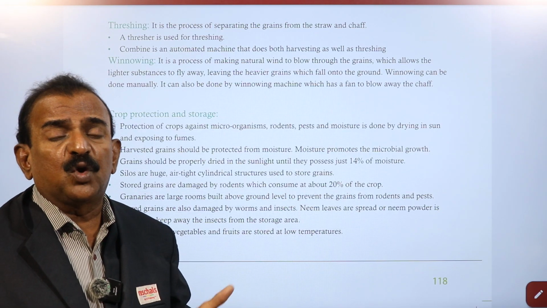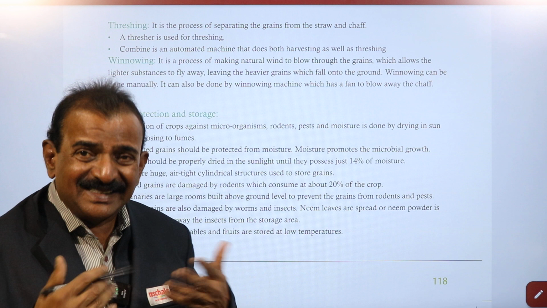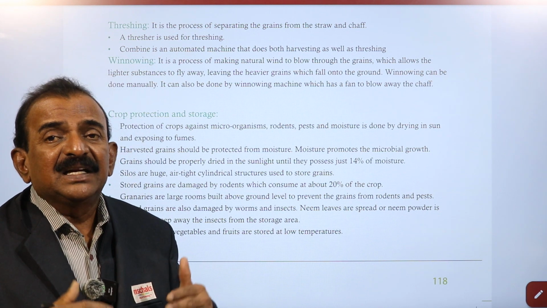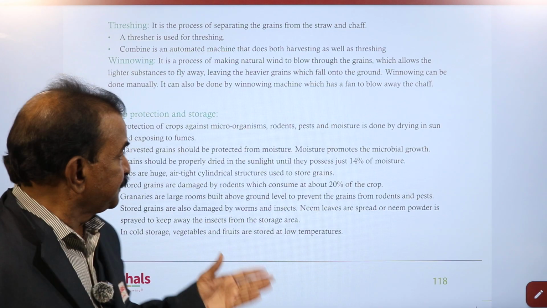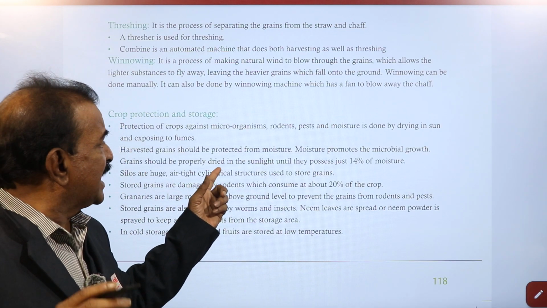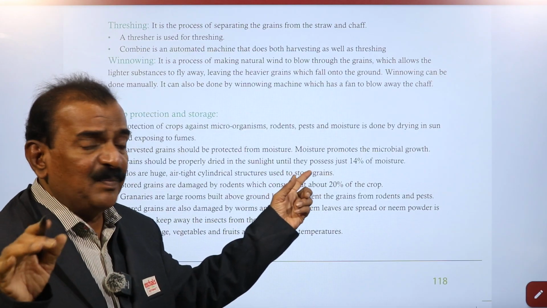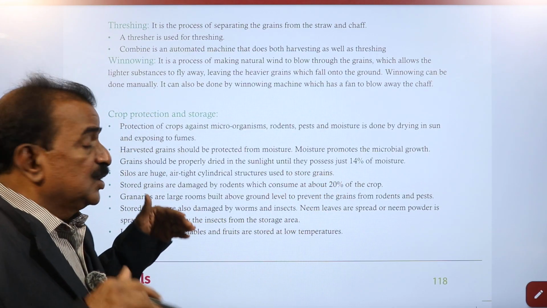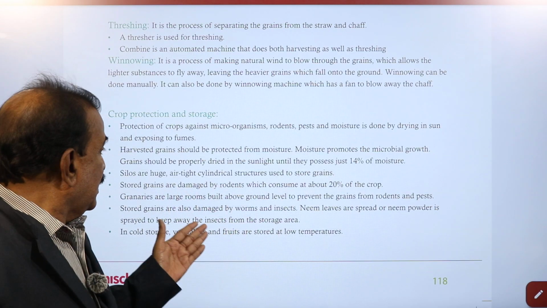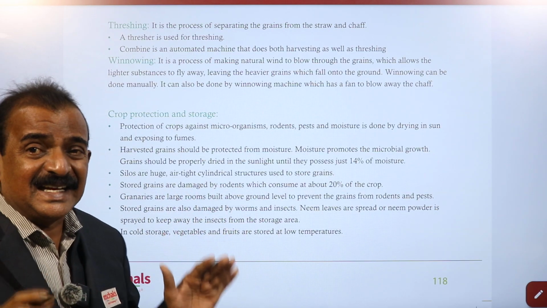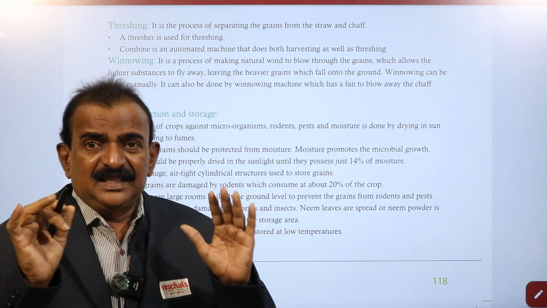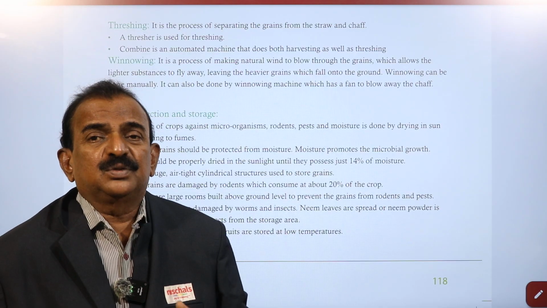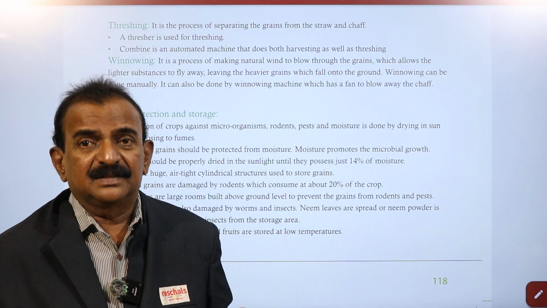If microbes grow on the seeds, the seeds are damaged, and it causes great damage to the crop yield. Grain should be properly dried in the sunlight until it possesses, I told you, 14% moisture. And silos are huge airtight structures, and these airtight structures are useful to store the food grain safely.